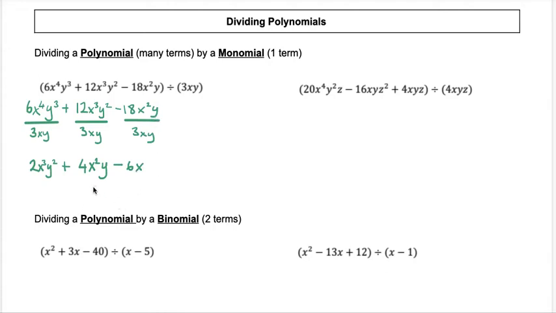And just so that you see what's happening there, it might sometimes be helpful for you to say, well, 3 goes into 6 twice. X goes into x to the 4th like that. We're canceling out one of each, so you can see hopefully how this is running.